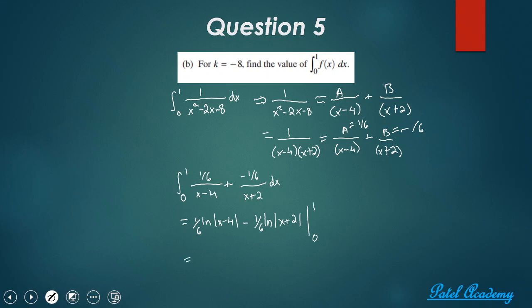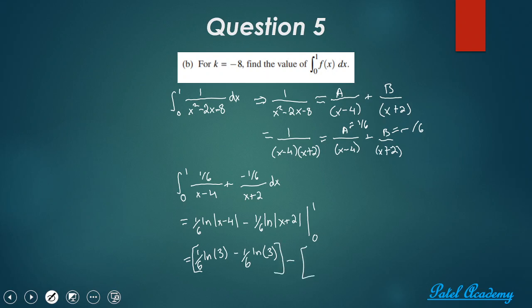Alright, so what do we get? When I plug in 1, I get 1/6 ln of, now 1 minus 4 is negative 3, but remember it's the absolute value, so I just get ln of 3 minus 1/6 of ln of 3, because 1 plus 2 is now 3. So this is my first part when I plug in 1.